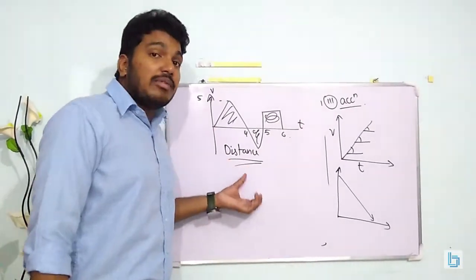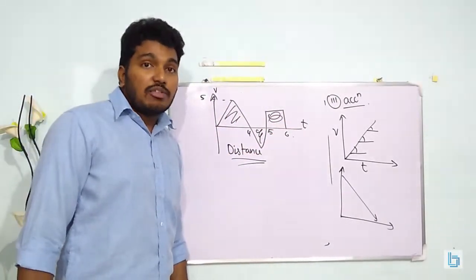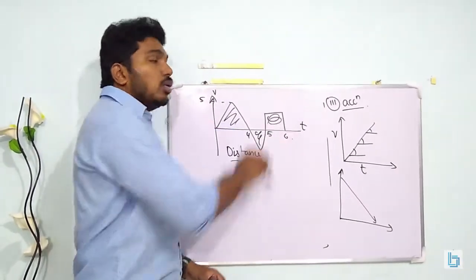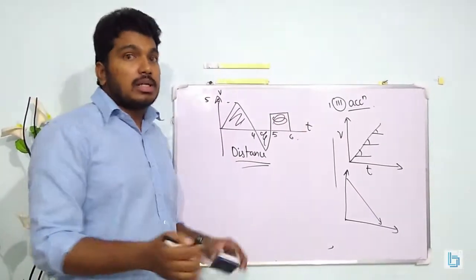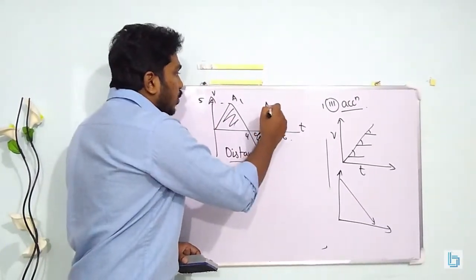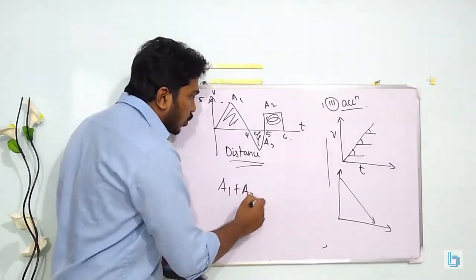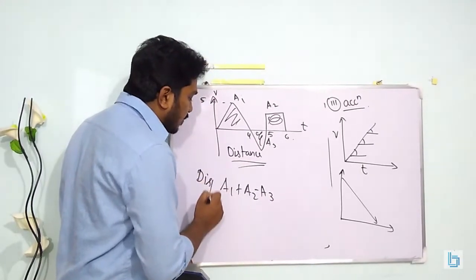So distance from a VT graph means we have to add up all the areas, and displacement from a VT graph means the area which appears above the axis will be added up and the area below will be subtracted from it. So if this is A1, this is A2 and this is A3, it will be A1 plus A2 minus A3 if you have to find displacement.